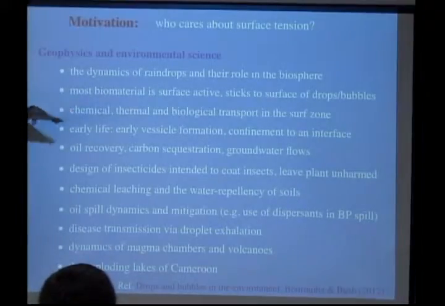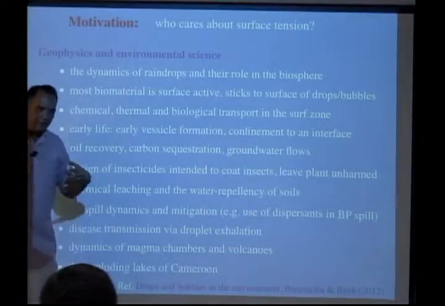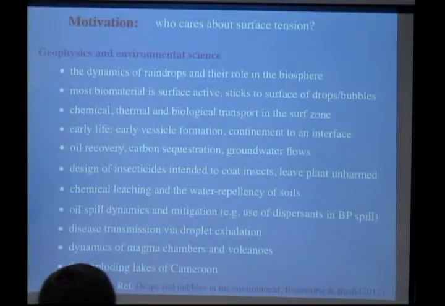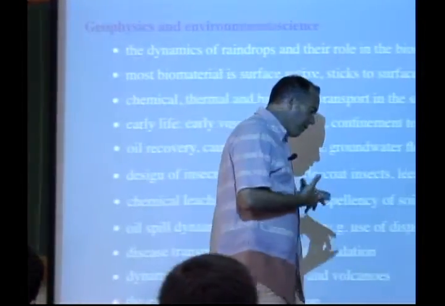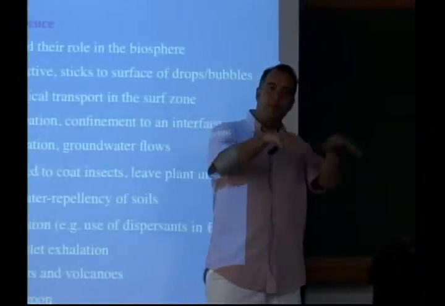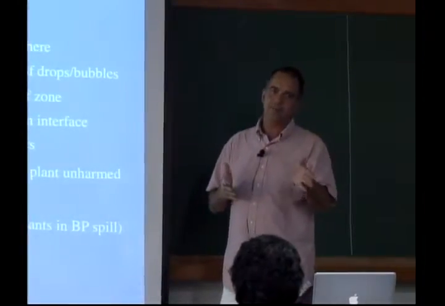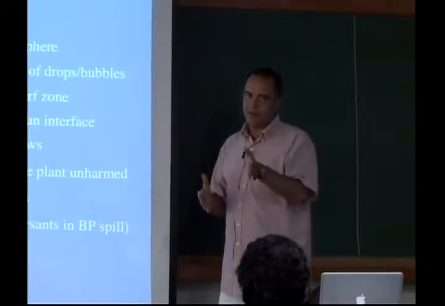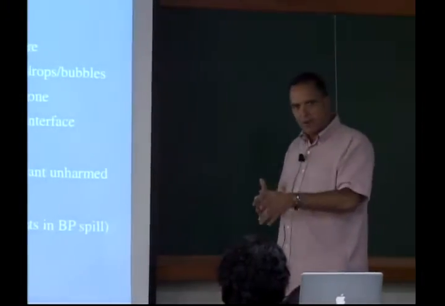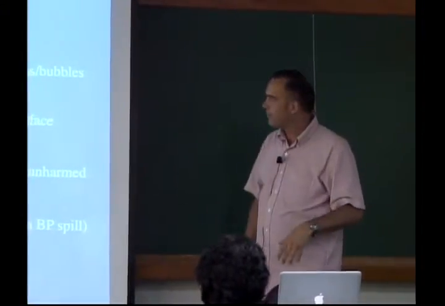It turns out that most biomaterial, so any spores or anything created by living creatures, is surface active, so it tends to stick to the surface of drops and bubbles. As a result, whenever you have a lot of interfaces, for example in the surf zone where you have breaking waves, there's a lot of biomaterial accumulated, and a lot of the exchange between the terrestrial and the aquatic biosphere happens in the surf zone. Okay?